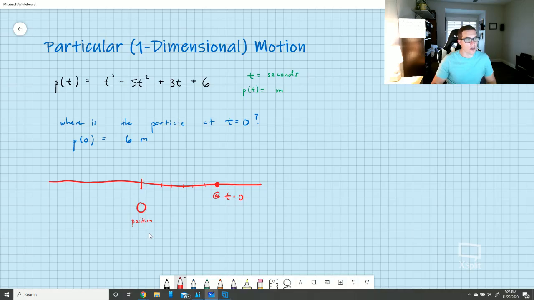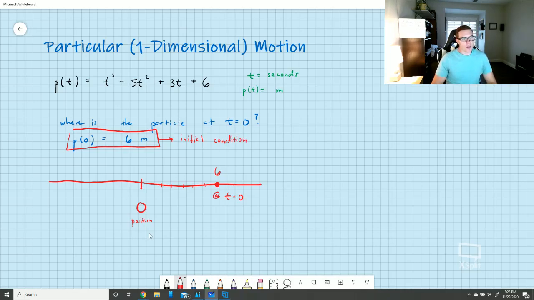That's where it's starting. So if I have kind of a street or something and I've marked a position as being at position 0, your particle is starting out at position 6 at time 0. By the way, when I ask you where I'm at time 0, this is sometimes known as an initial condition. It's where I'm starting out.